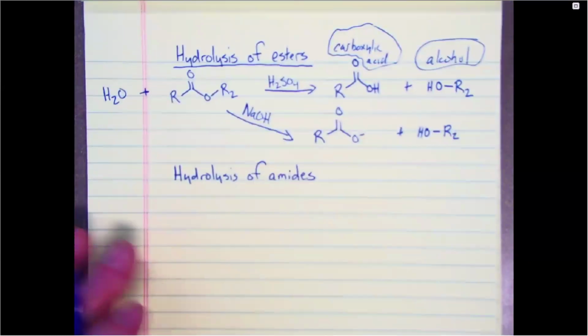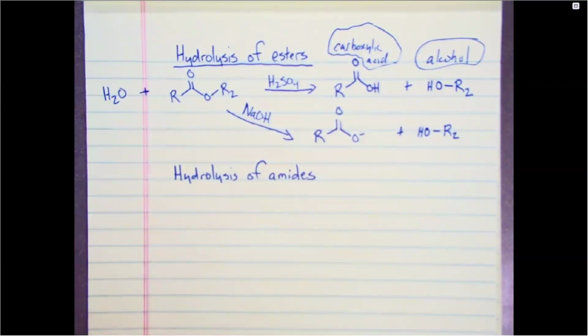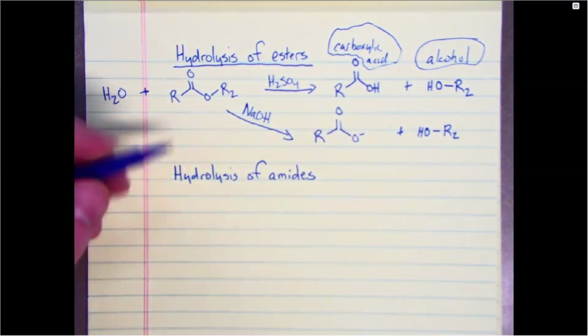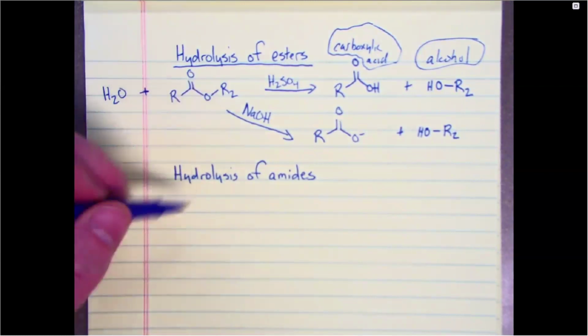We can also split apart an amide. And we can split apart an amide using acid or base, the same way that we can do that with, sorry, with esters.